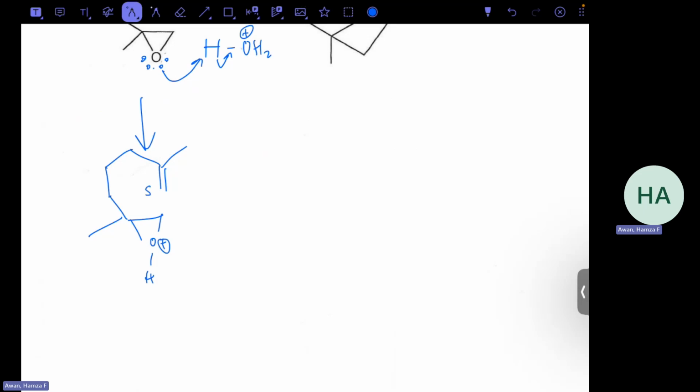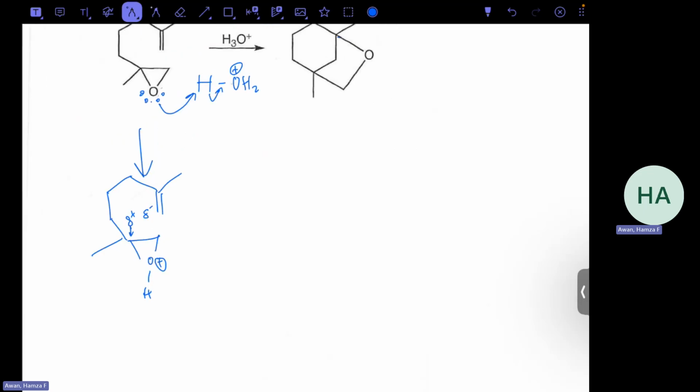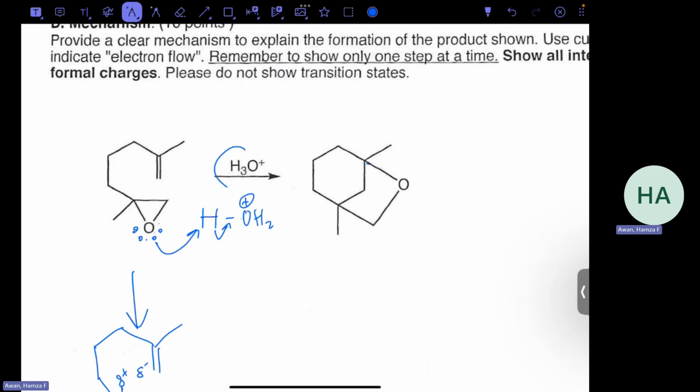So because it's partially negative, even though this oxygen is technically positive, this double bond would rather attack this partially positive carbon, right? Because on an epoxide, this is going to be in acidic conditions as well.